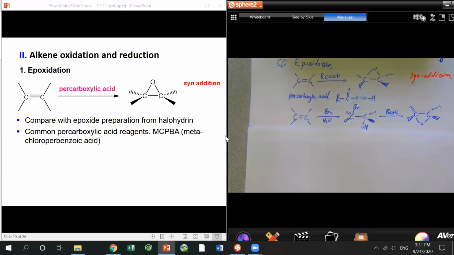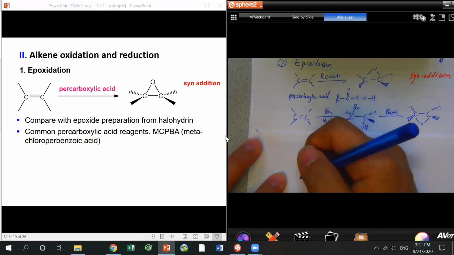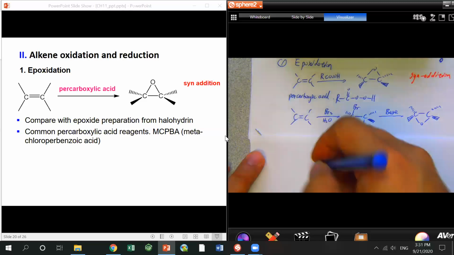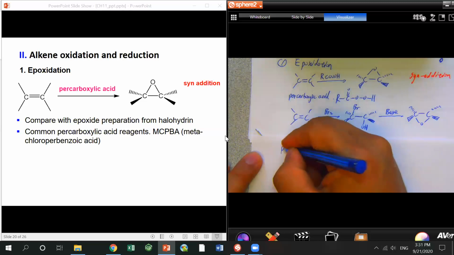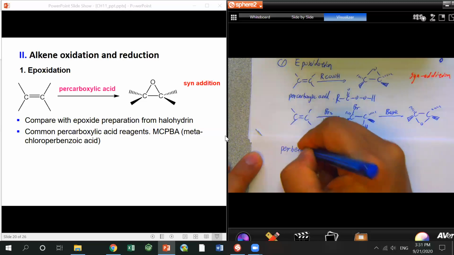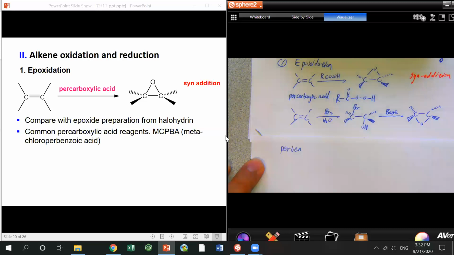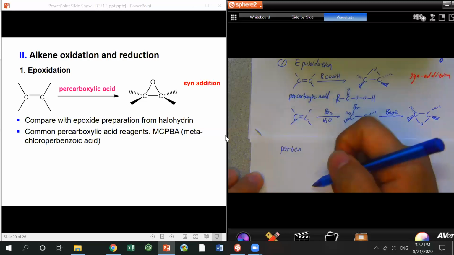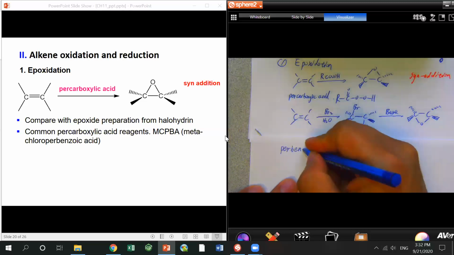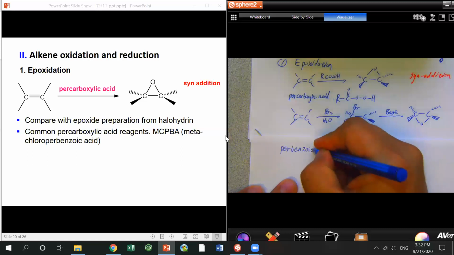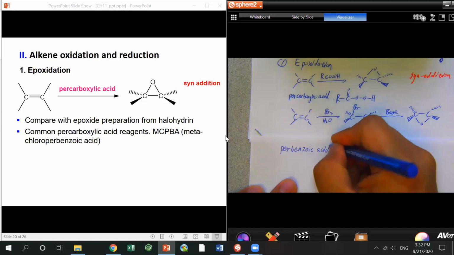for the peroxide, we call it a peracid. What are the common peracids we can use? The first one is perbenzoic acid. If you have any questions, just type in the chat window.